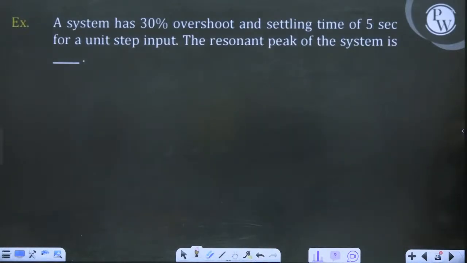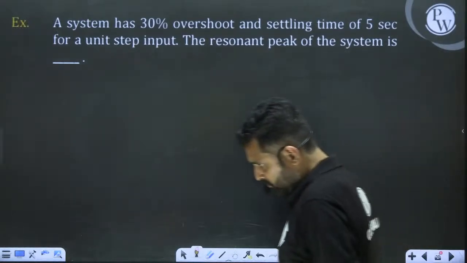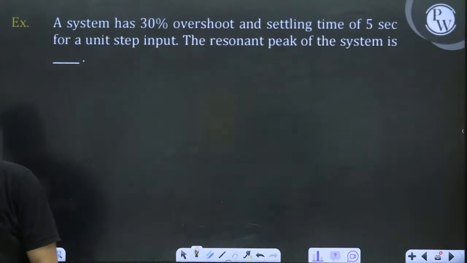Do it. A system has 30% of overshoot and settling time of 5 seconds for unit step input. The resonant peak of system is, make it fast. Now just a formula putting questions there.